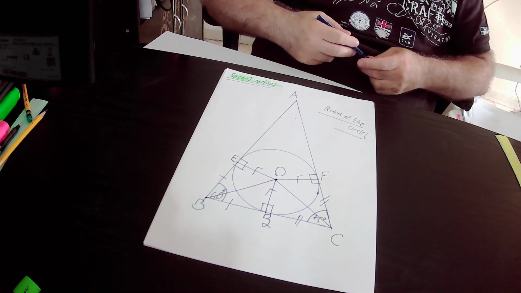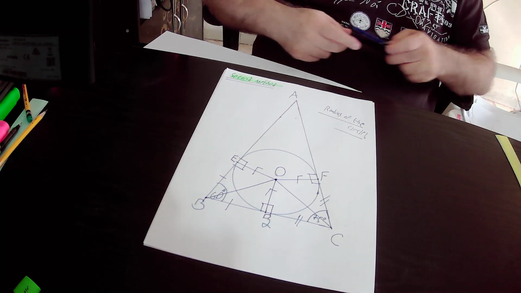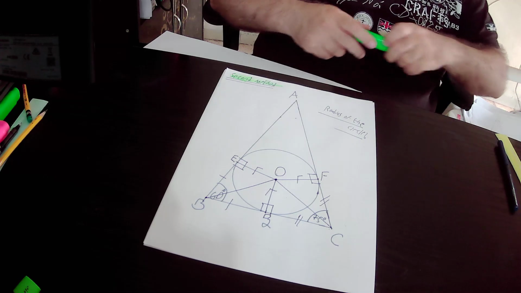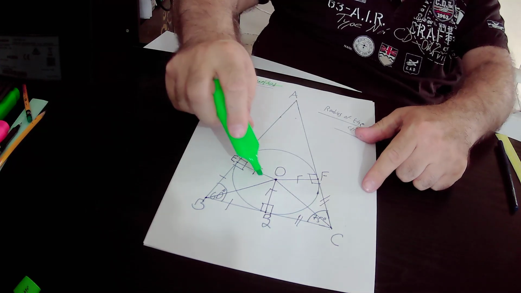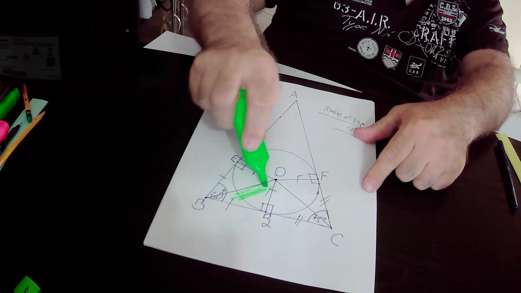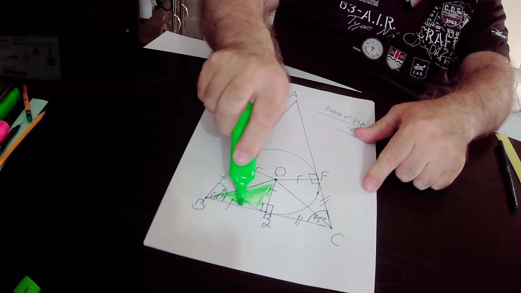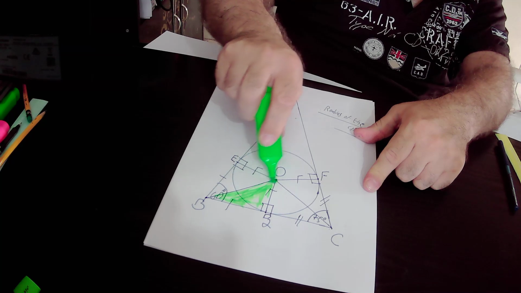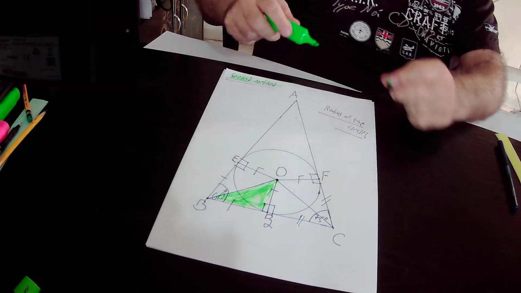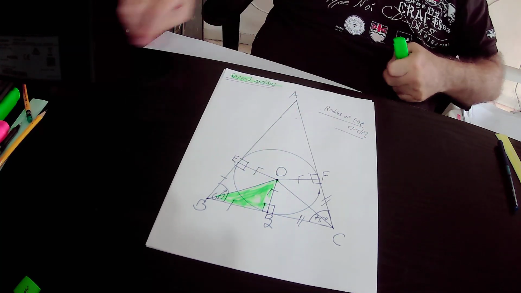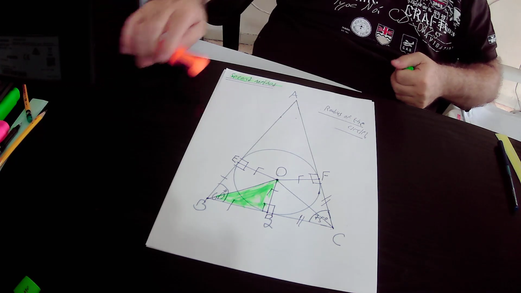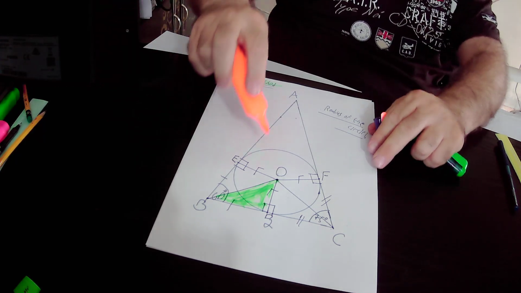Okay, in the next step, we will prove that the green triangle OBD is congruent to the orange triangle, triangle EBO.